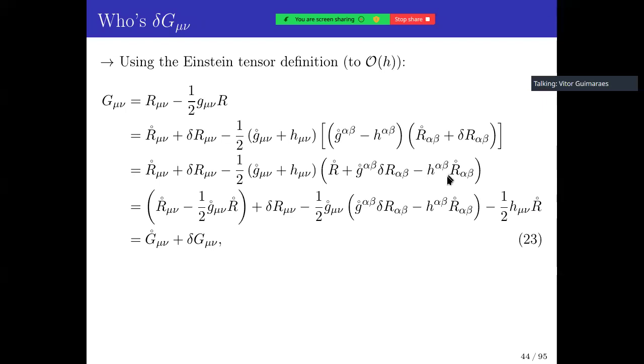And then we have this left, which is also first order in h. This is zero order in h, this is first order in h, and this is also first order in h, because this is the Ricci tensor for the background metric. So here we have second derivatives of the background metric, but no perturbation tensors inside this object.